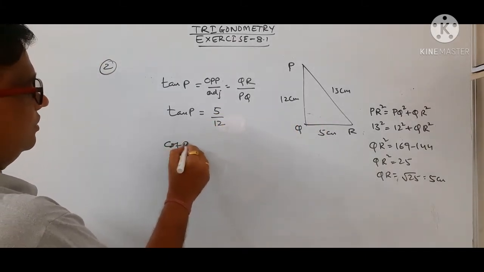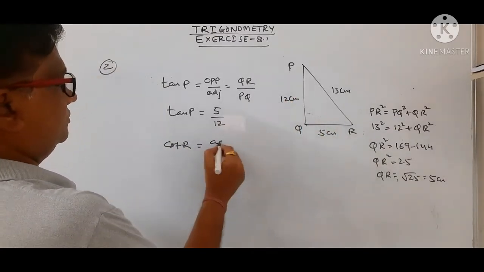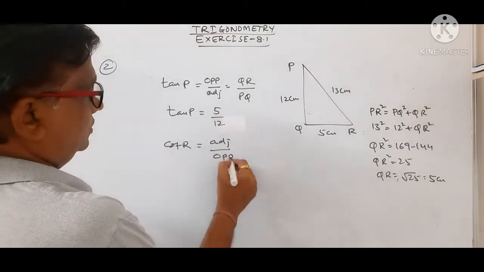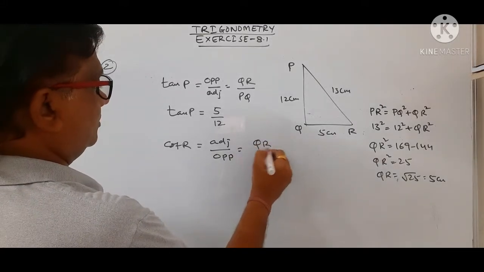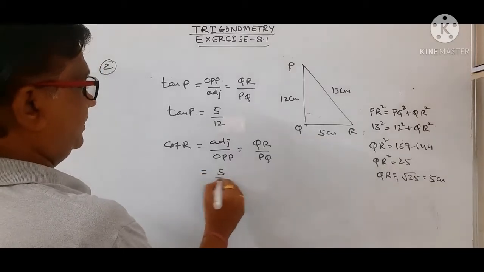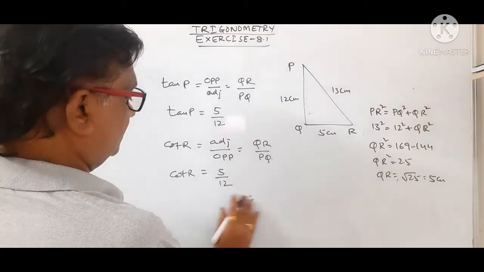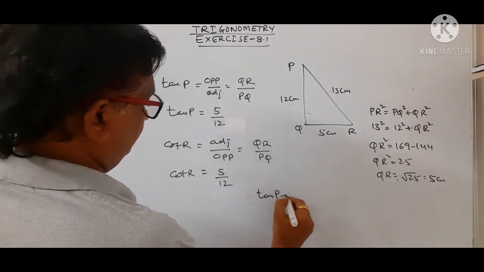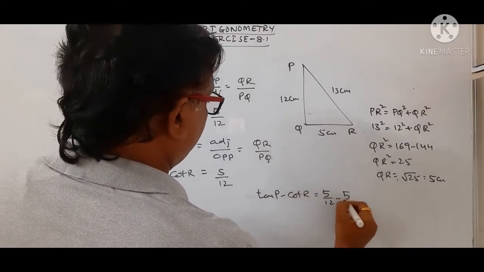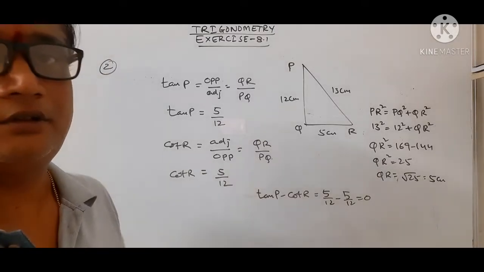Next, cot R. Cot means adjacent by opposite. So that is QR by PQ, which is 5 by 12. So tan P minus cot R is 5 by 12 minus 5 by 12, which equals 0.